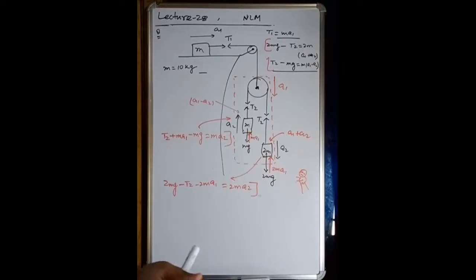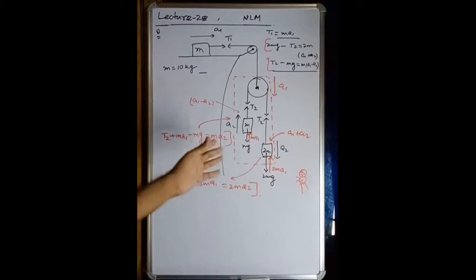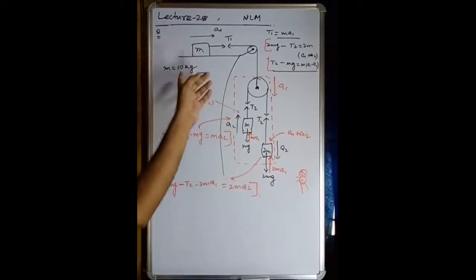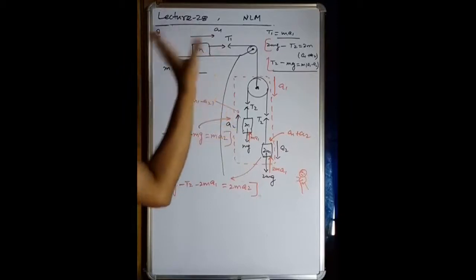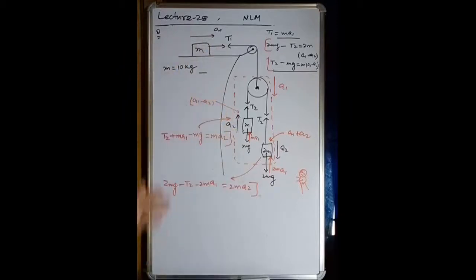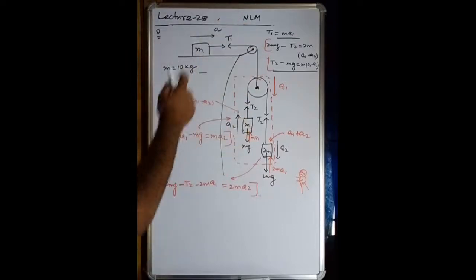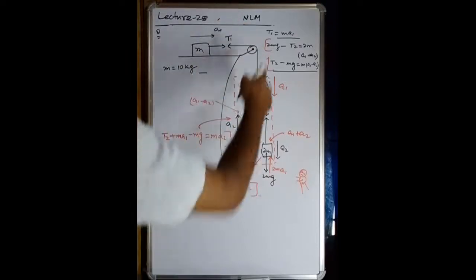Now my dear students, I have given you the equation. You have to simplify this equation to get the answer, that is a1 and a2. All the values are given. I have given the mass of the block, it is 10 kg. So simplifying these three equations, and for this equation by this method it will remain the same as this one.